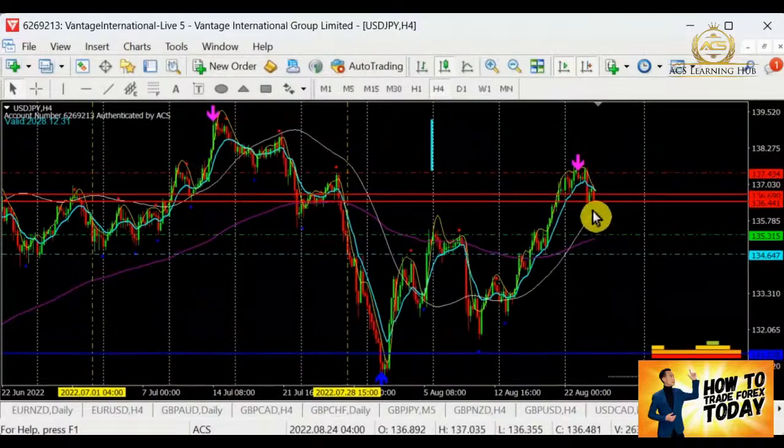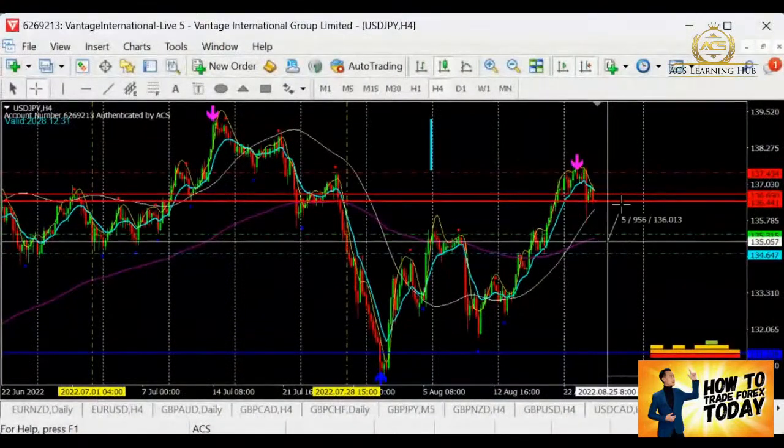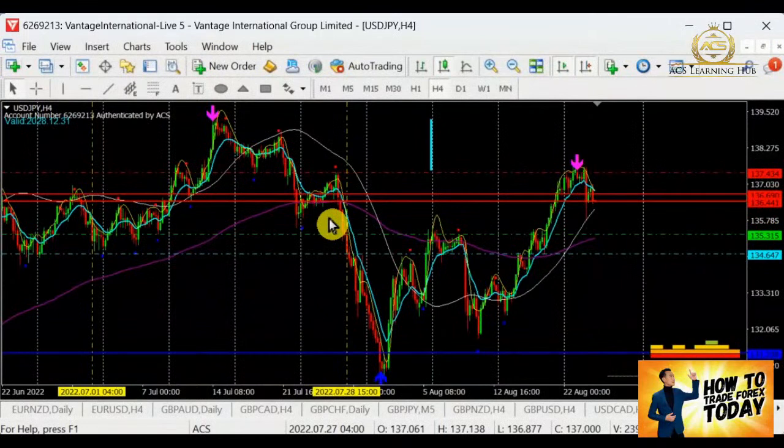I see that dollar yen has a good chance to sell for about 150 pips. So this is something that we can take note of. All right, I'm going to put dollar yen into my list. Okay, so I guess that's good.